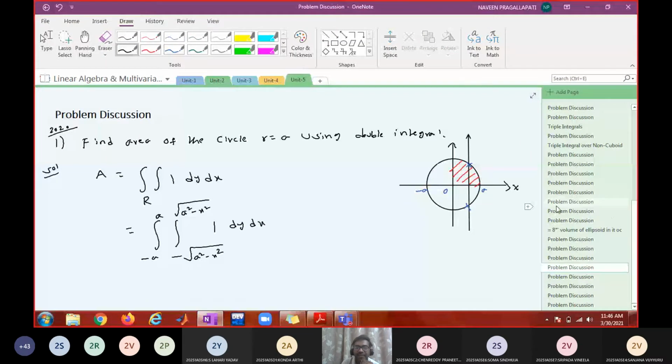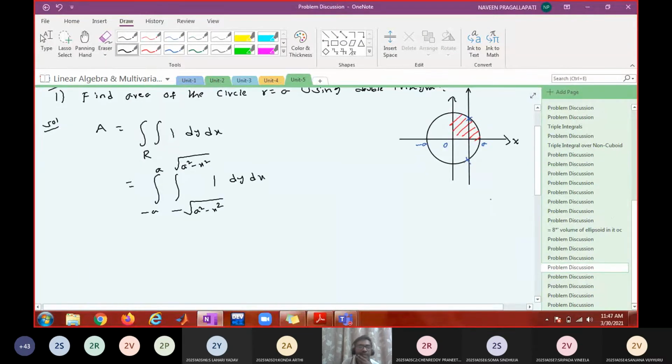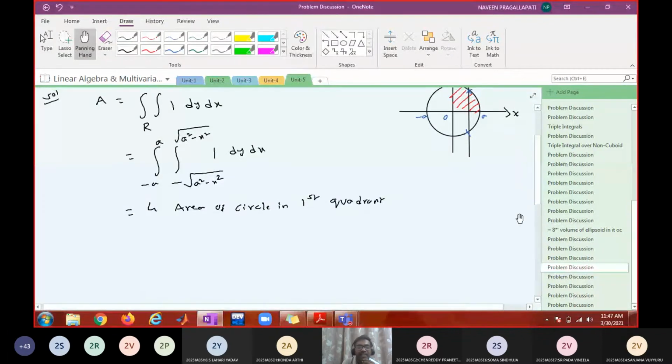But because the circle is symmetric about all the 4 quadrants, you can write it as 4 times the area of the circle in the first quadrant. Don't do this symmetry if the integrand is other than a constant. So then what will be the limits of integration?